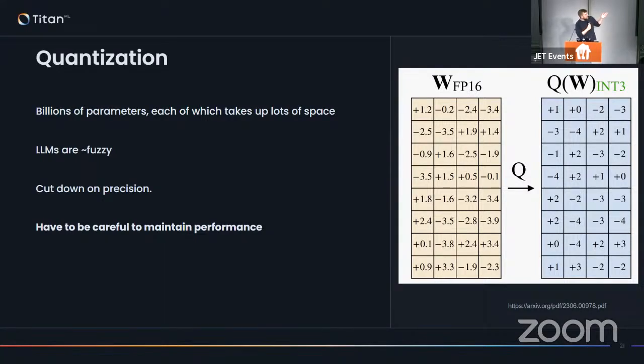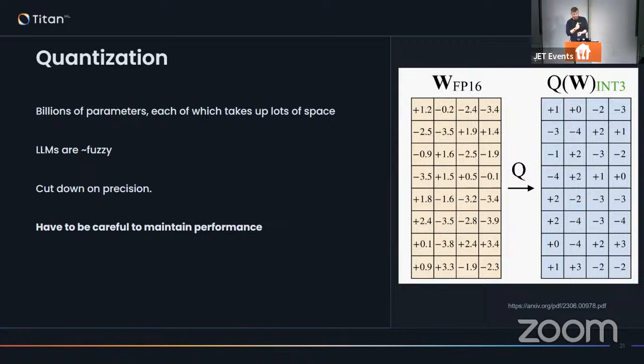LLMs make use of floating point numbers to do their computations. By default, those are FP16 numbers, so these are half precision, which is actually a very imprecise representation of numbers. But in fact, you can go much further and you can quantize your models down into smaller representations of numbers.